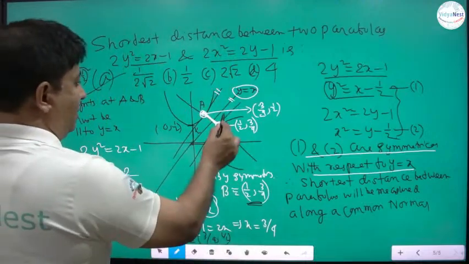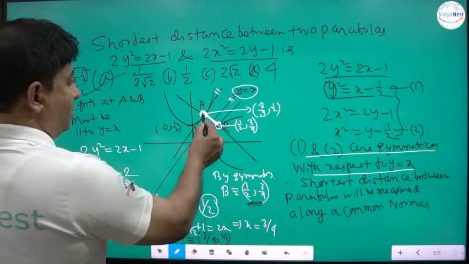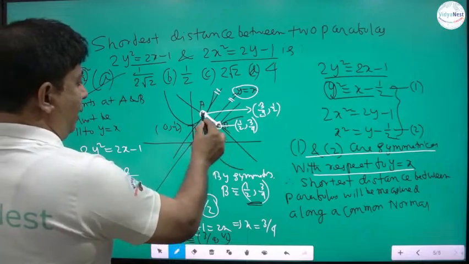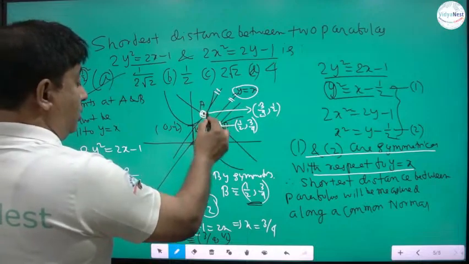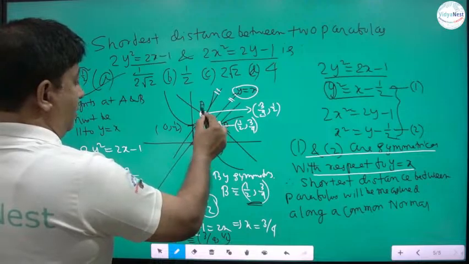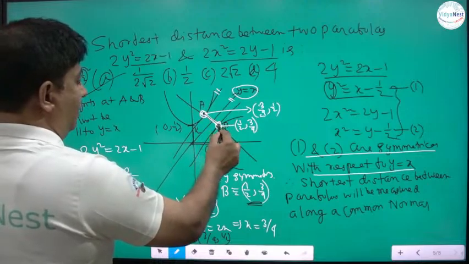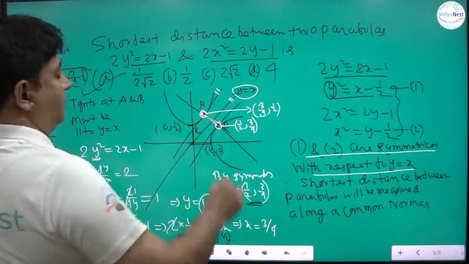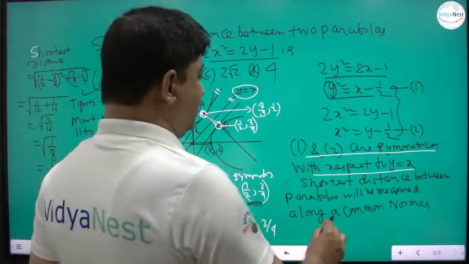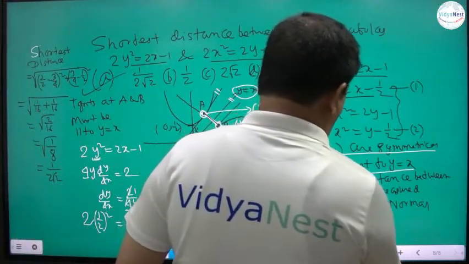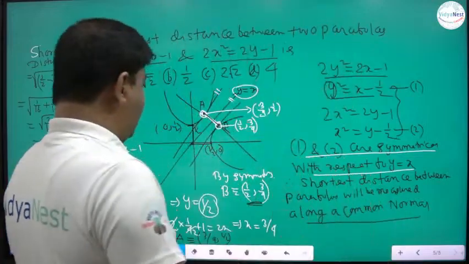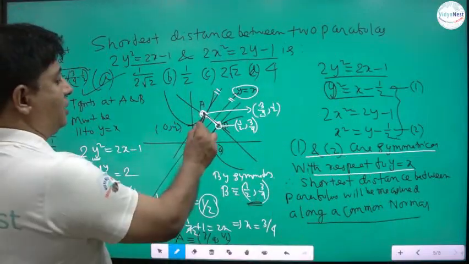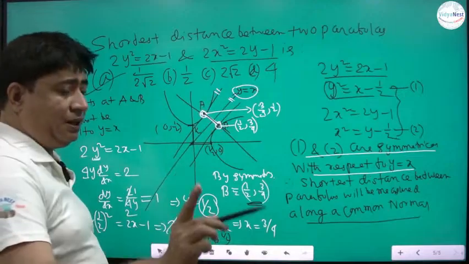As they are symmetrical, we will find 2 points on those parabolas at which if I draw the normal, I can get the shortest distance. That means the shortest distance between the parabolas will be measured along the common normal. Common normal means at this foot of the normal, there must be some tangent.